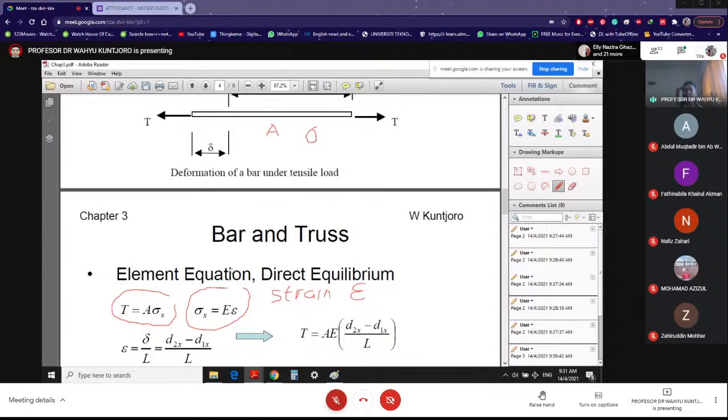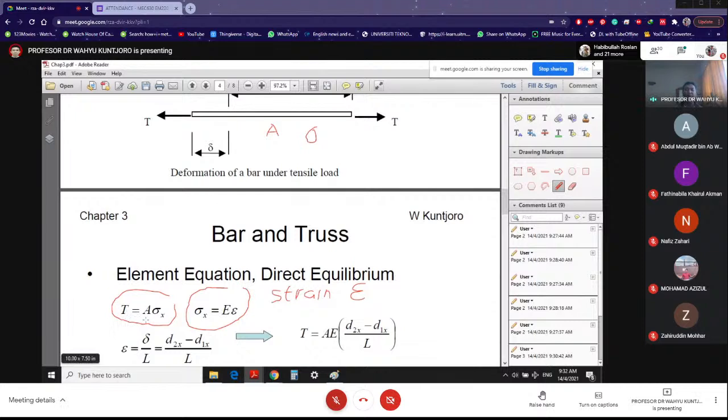These two equations will become the basis for us to derive our element equation for the bar. There is nothing for me to explain here because this is something that you need to understand. You are a final year student, you should know this kind of formula.